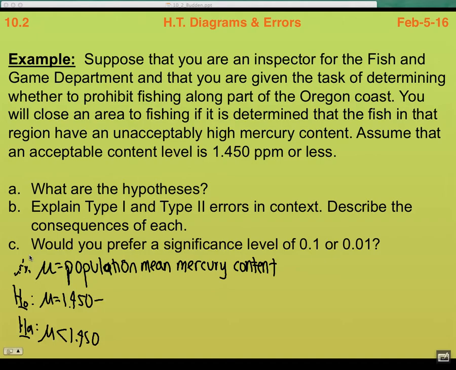Okay, so you're going to need to write this out in words. If the mean is equal to 1.450, or remember greater, because that's kind of implied, then the fish have an unacceptably high mercury content, right?